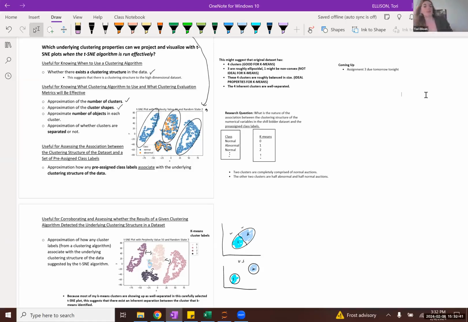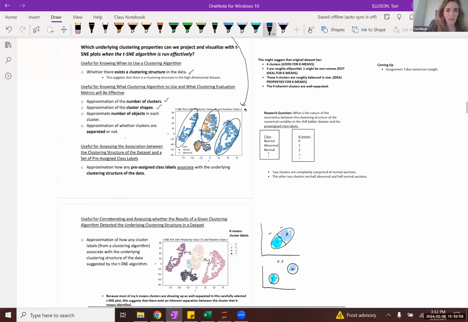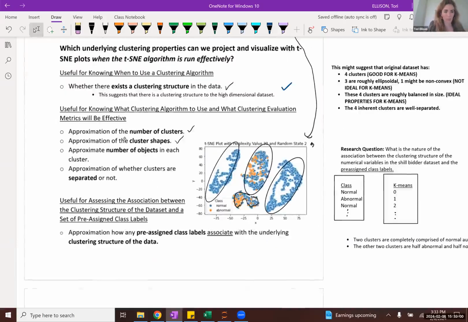Okay, great. Just as a quick recap, there are things that the TSNE plot can and cannot suggest to us about a given data set. We've discussed some of the cool things that it can suggest if we are interpreting them correctly. It can suggest information about the clustering structure: the shapes, the number of clusters, the number of observations in each cluster, and whether or not those clusters are separated.